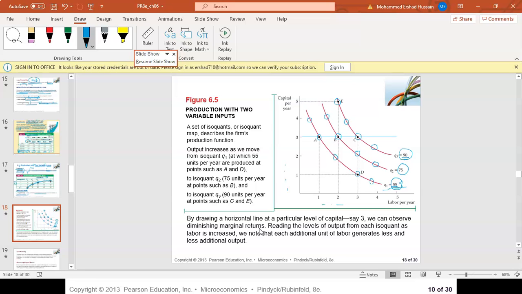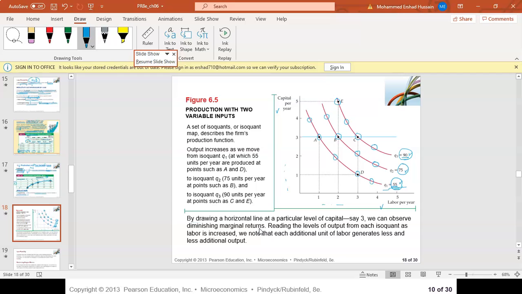An isoquant is a locus of points that shows the different combinations of the two factors, labor plotted on the horizontal axis and capital on the vertical axis, that show the same level of output. So for Q1 it is 55, for Q2 it is 75, for Q3 it is 90 units of output.